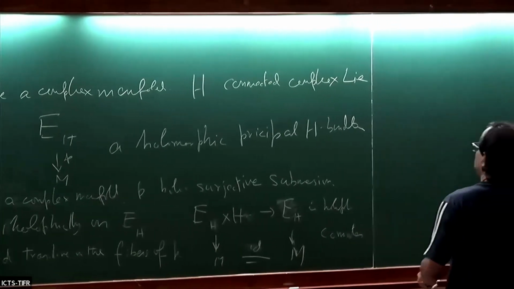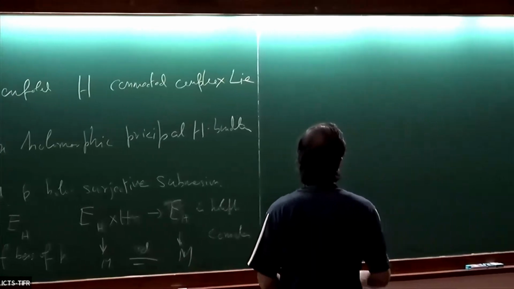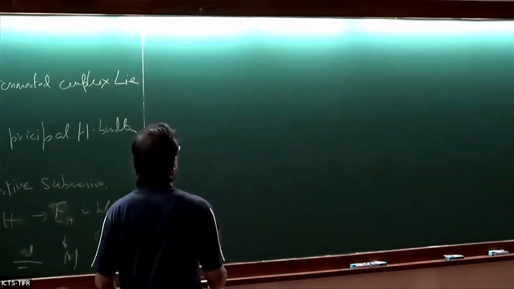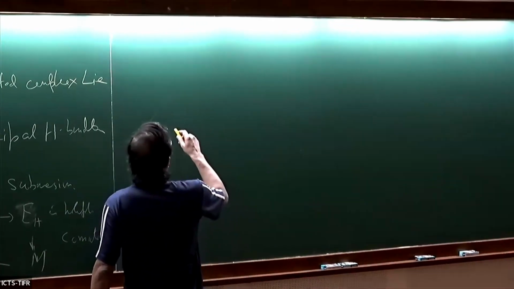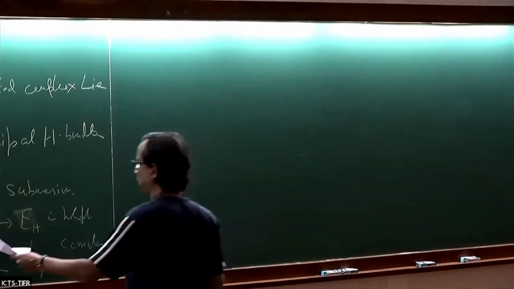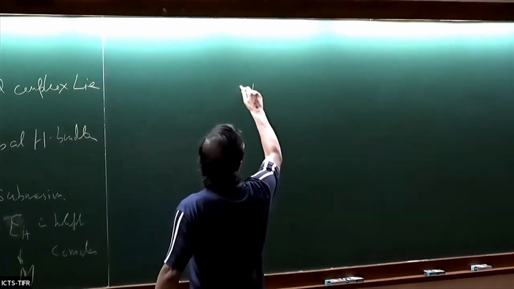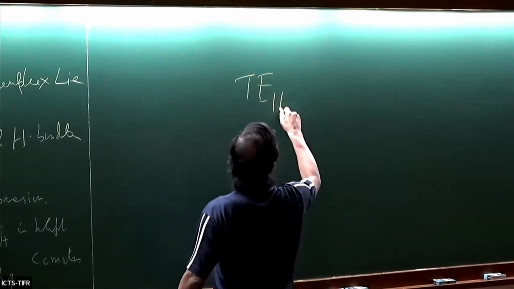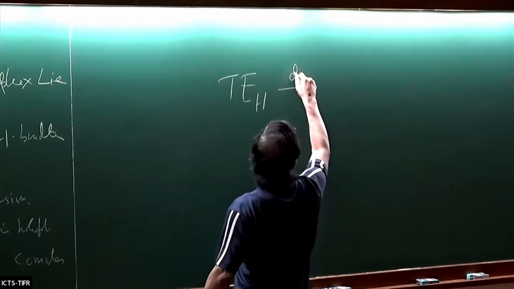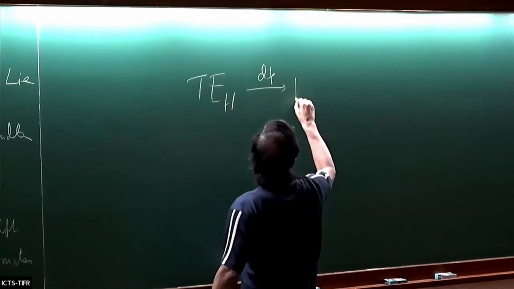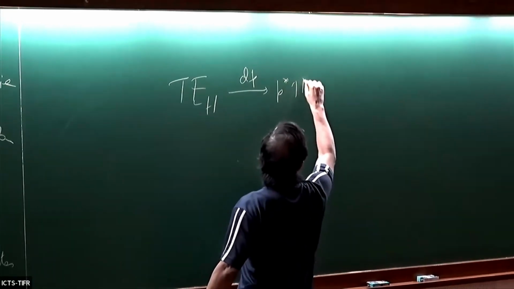Now let us recall the construction of the Atiyah bundle and the Atiyah exact sequence. So you have the map P, and you have the differential of P, from the holomorphic tangent bundle of E_H to P upper star of TM.